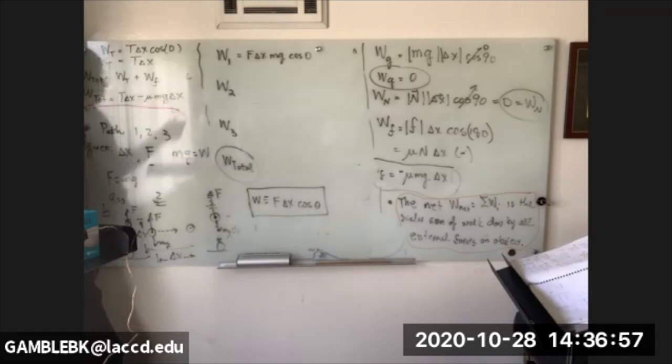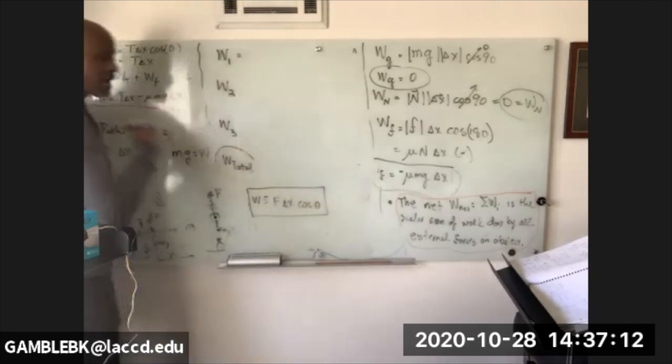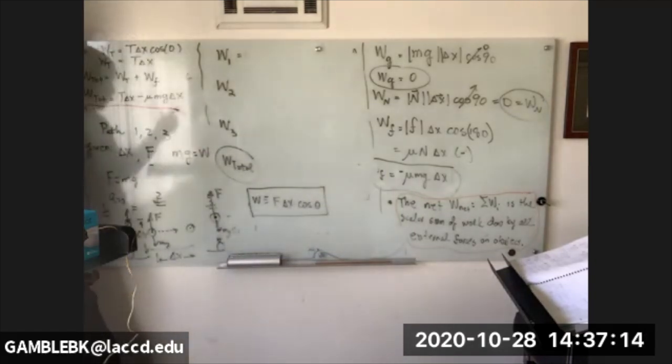But when I started this problem, I asked you to determine the work that I'm doing on the object, not gravity. I specifically said that. You remember? Yeah, got it. So let's go back and do that again, but only calculate the work that I'm doing on the object, provided that I'm picking up the object at a constant speed.